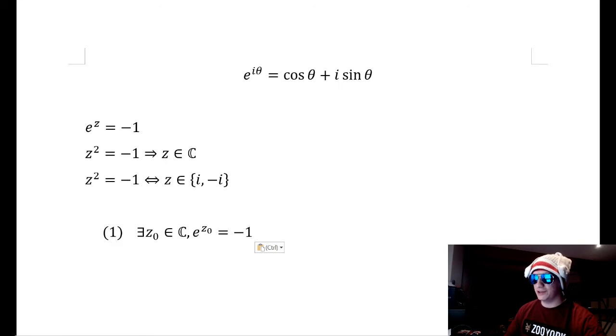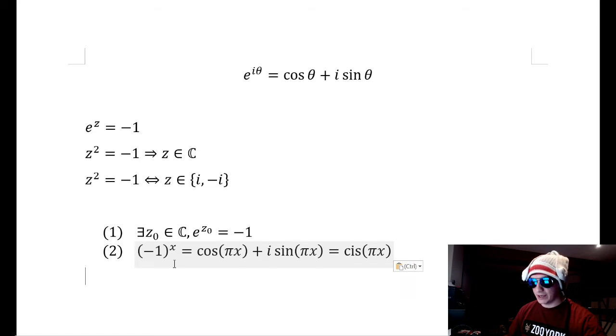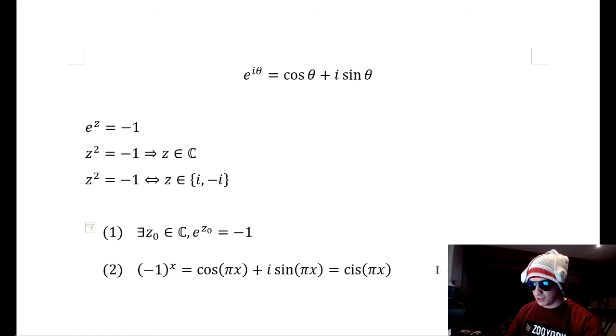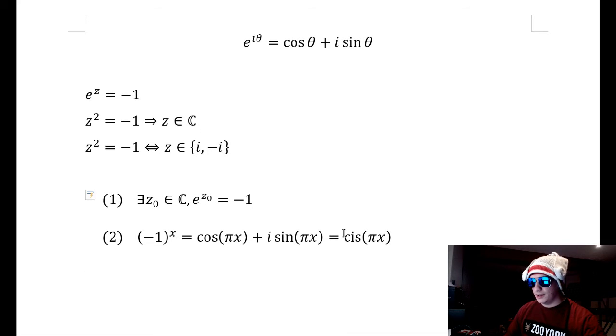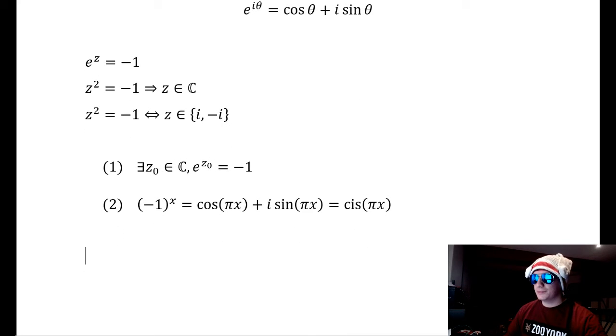Let's call it z naught, and e to the z naught equals -1. And in the last video, I showed that -1 to the x equals cos pi x plus i sine pi x, which is the cis function, cis pi x. Yes, this was heavily justified in the last video. I recommend you go check it out if you haven't already.